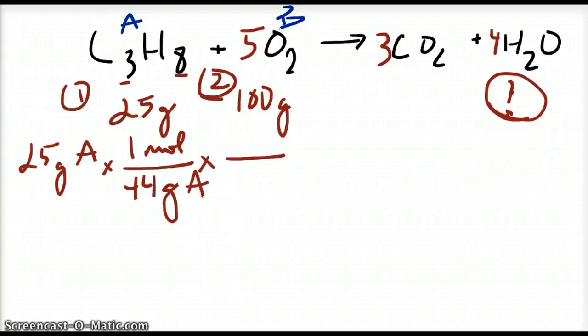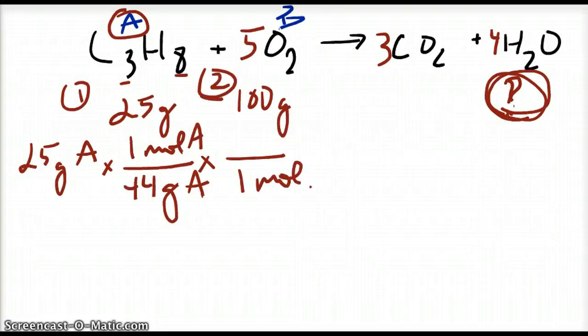Now, this is the critical part. In this step, I've got to do the mole-to-mole ratio between reactant A and my product of interest, which in this case is water. The mole-to-mole ratio is given to me by the coefficients, and there's no coefficient in front of the propane. That means for every 1 mole of propane, I can make 4 moles of water.